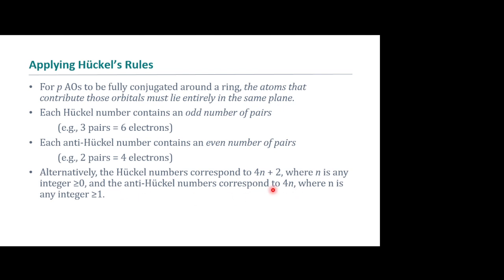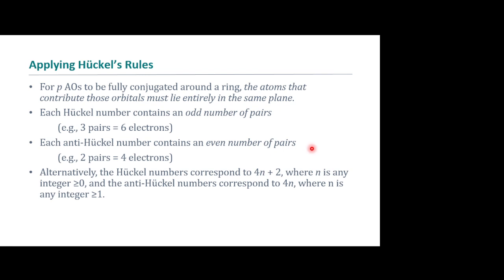If we had a 4n set, so 4 electrons like we talked about before, right? What if we had 8 electrons? Which one would that be? Anti. If we have 10, aromatic, right? So 4n plus 2 would give you 2 times 4 is 8, plus 2 is 10, right? 10 electrons is an aromatic system.